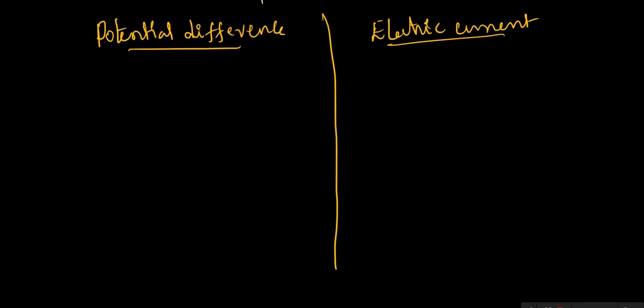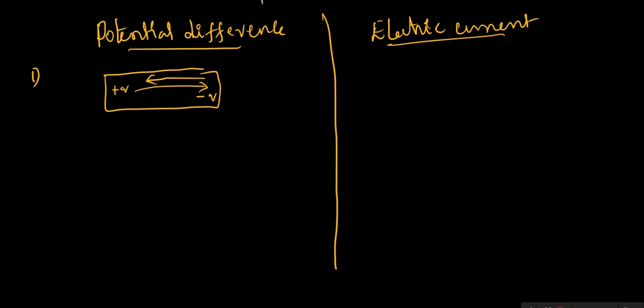First point: work done by a source to move charges in a circuit is called potential difference. Charges move from positive terminal to negative terminal to positive terminal. That is potential difference.